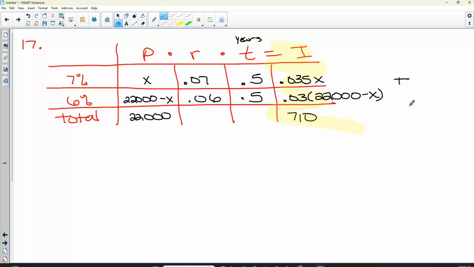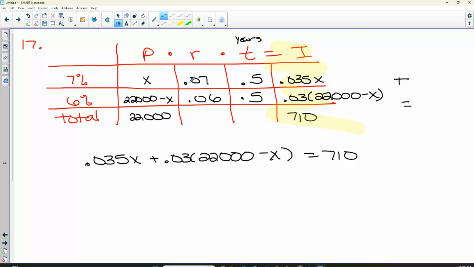Good. So she added these two up to equal our 710. Now, you might have had the X and 22,000 minus X flipped. That doesn't matter. That's why we write a sentence at the end.